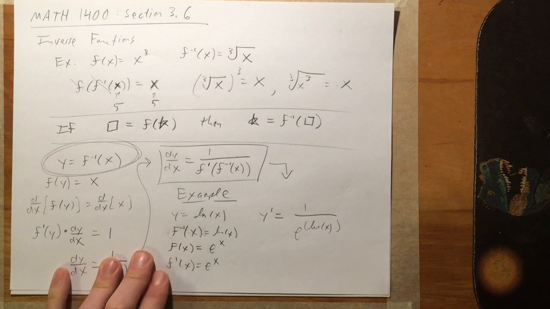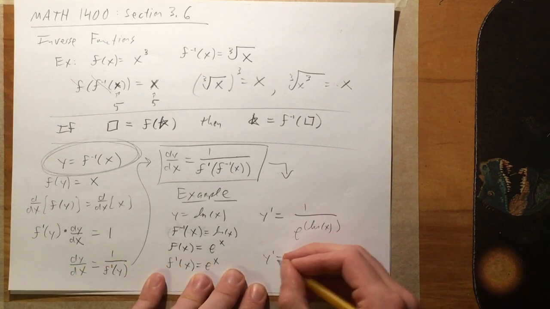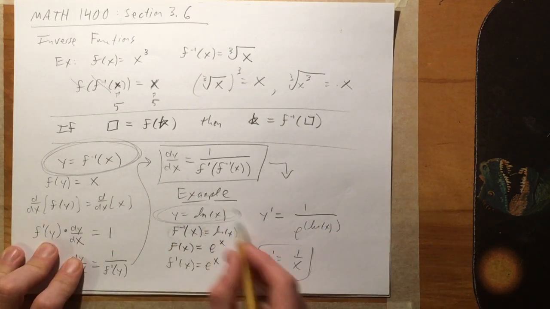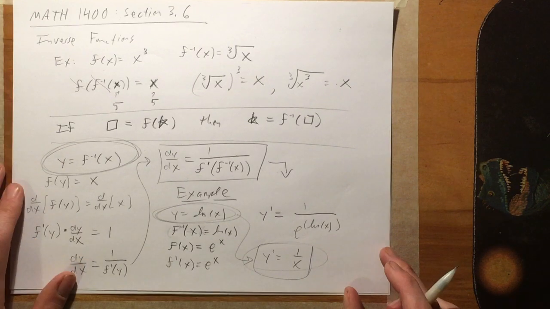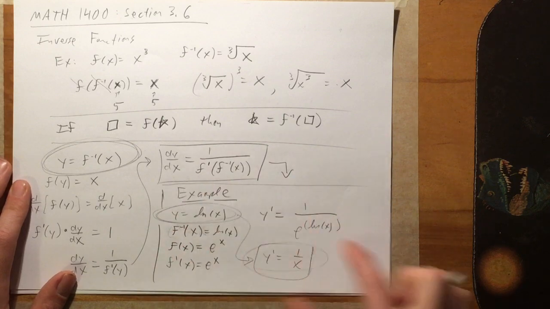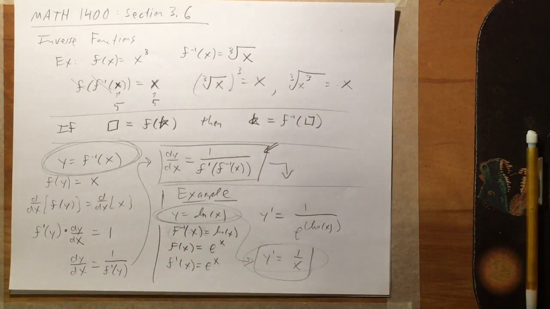And then in this particular case, the e and the natural log cancel out, and we get 1 over x, which is the right answer, right? If you started with natural log, its derivative should be 1 over x. That's what we found before. So that was basically doing that, but using this rule. Let's apply that rule to something else in the next video.